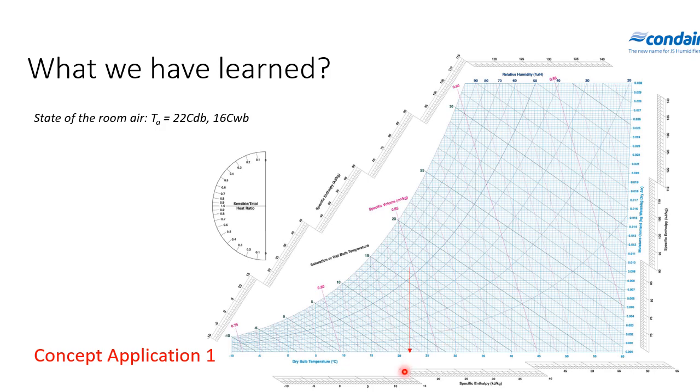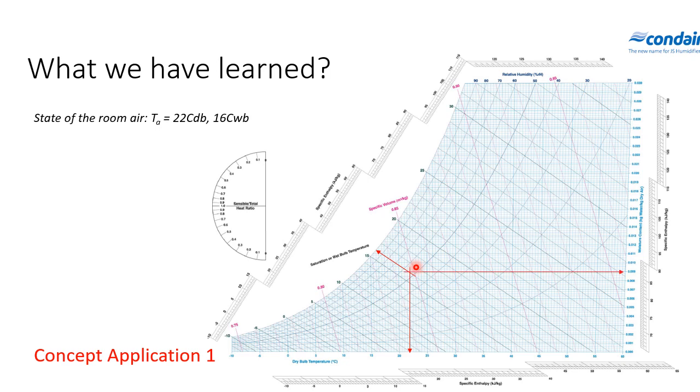So from 22 there is this vertical line, and then 16, these figures are wet bulb temperature. We have a cross point here. This is the state of room air. The state can be presented as one dot on the psychrometric chart, and from here we can read all other psychrometric properties.